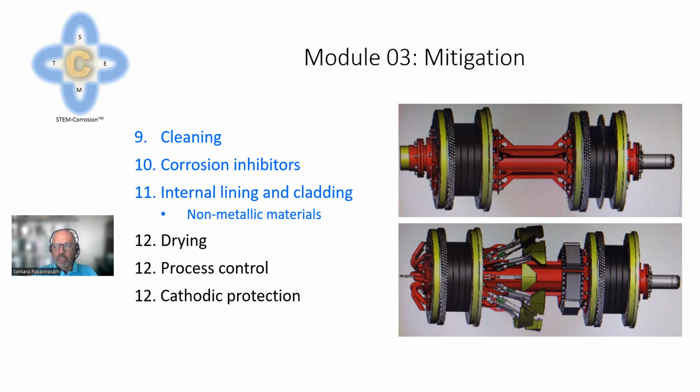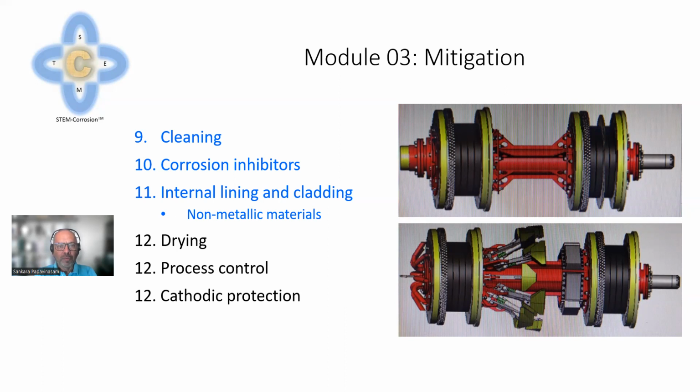We may also use cladding, metallic cladding, to protect carbon steel by cladding it with stainless steel or other corrosion resistant alloys. One way of controlling internal corrosion is to avoid it by having non-metallic materials.